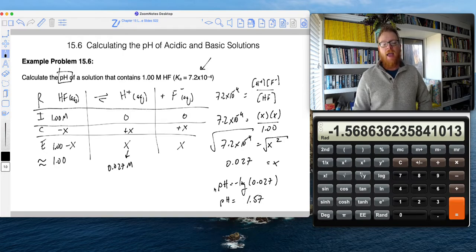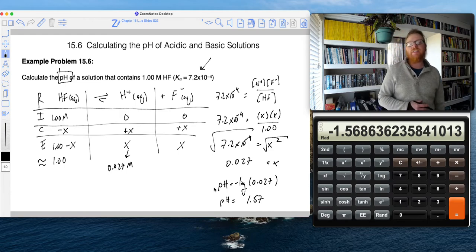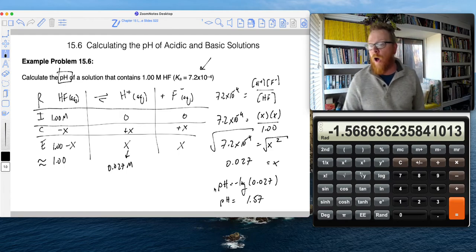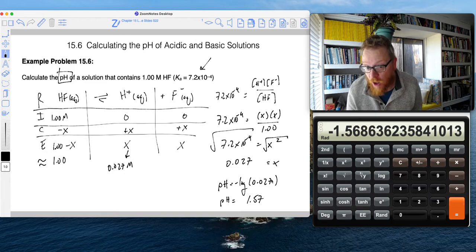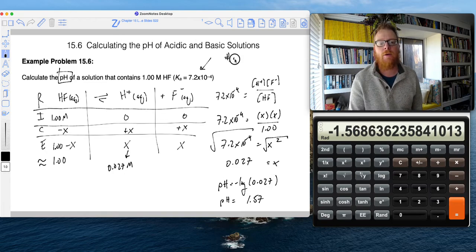1.57. And there's an interesting sig fig rule with logs, and I'll just describe that to you orally. The number of sig figs inside the log equals the number of decimal places.